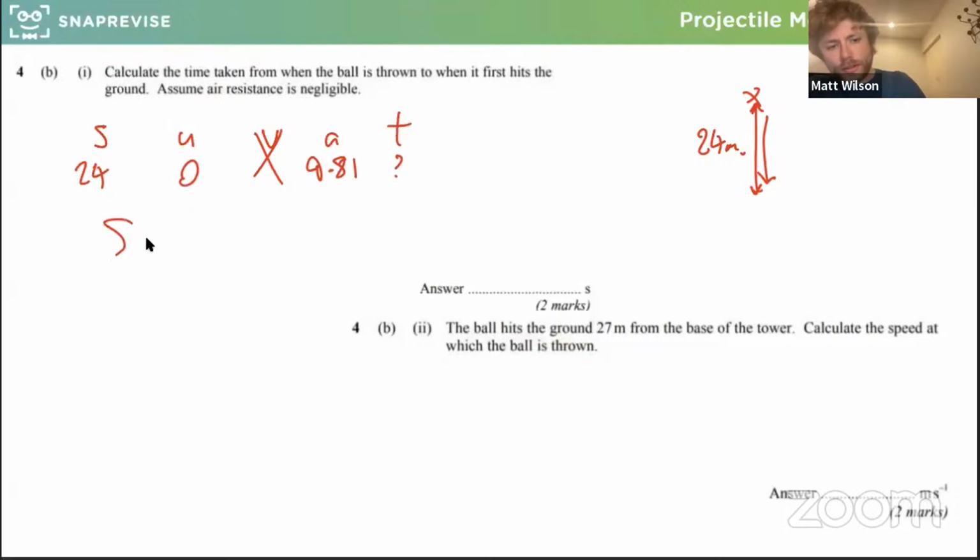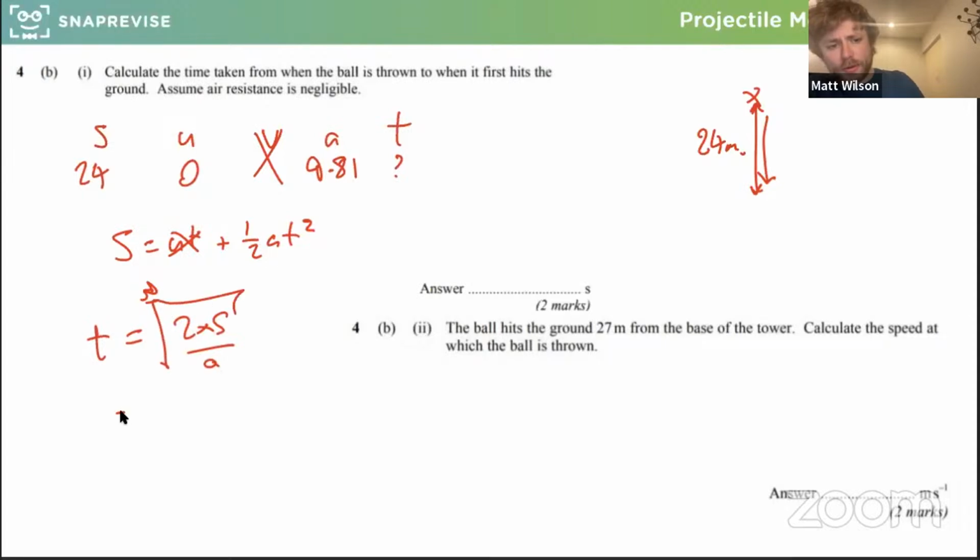We can use SUVAT. We have s equals ut plus 1/2 at squared. u is 0, and we're being asked to find the time. So let's rearrange for time. Time here equals the square root of 2 times s over a.